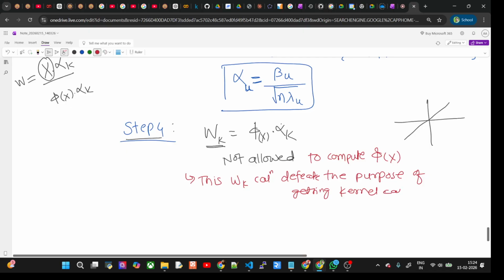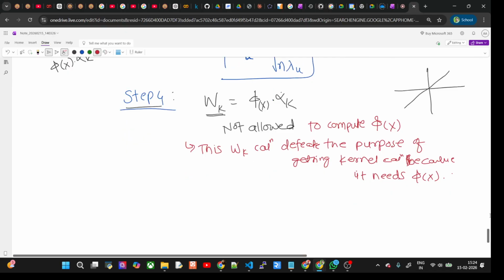Why is this happening? Because it needs phi of x calculation. I don't want to do that phi of x, that's why this is not possible. So we cannot reconstruct this eigenvector of this covariance matrix.